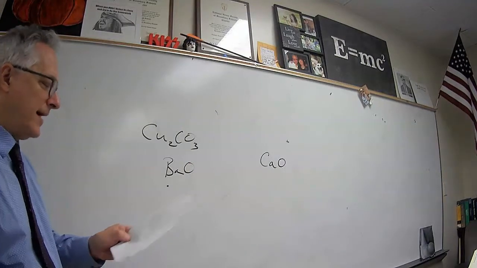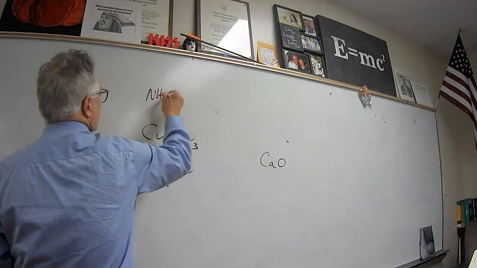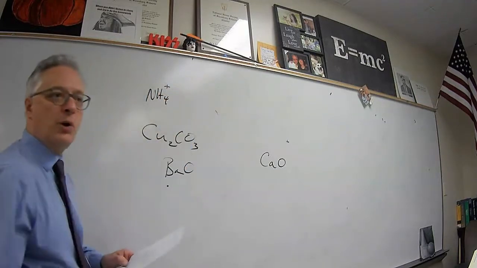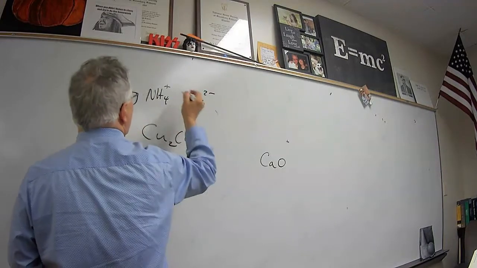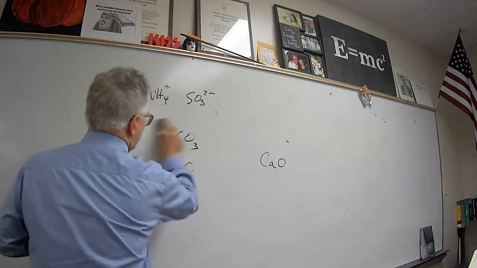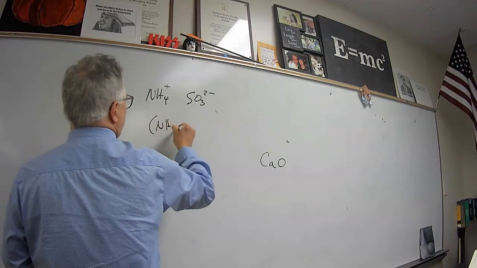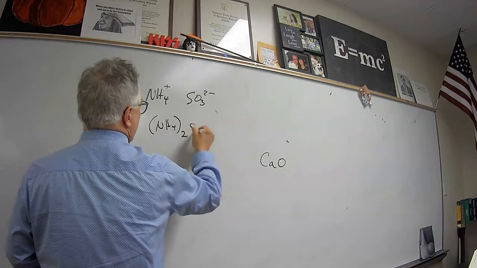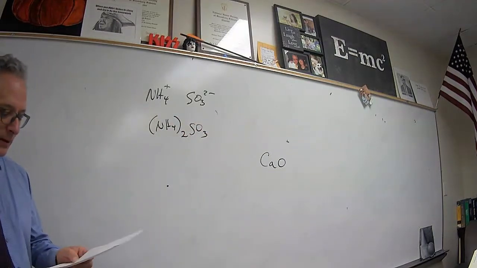Ammonium sulfite. Okay, got a couple polyatomics here. Ammonium is NH4, has a +1 charge. Sulfite is SO3 with a -2. So I'm going to have to put parentheses around that ammonium. And there you go. There's my formula.